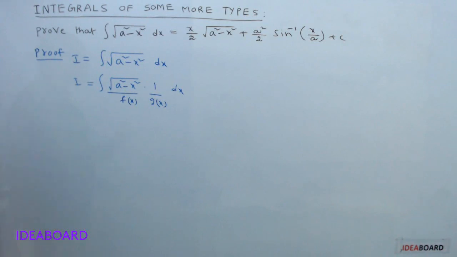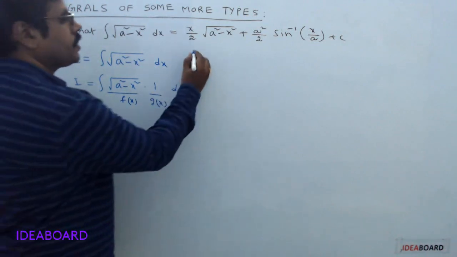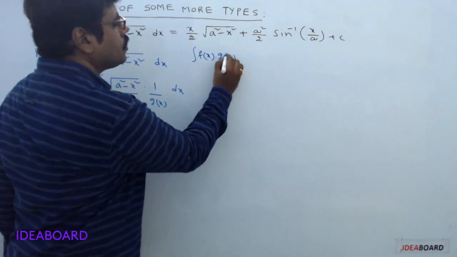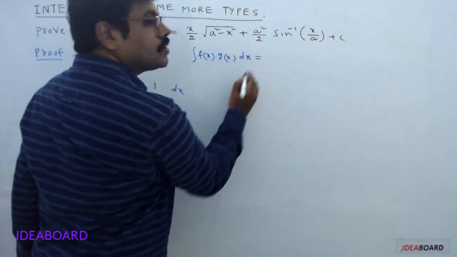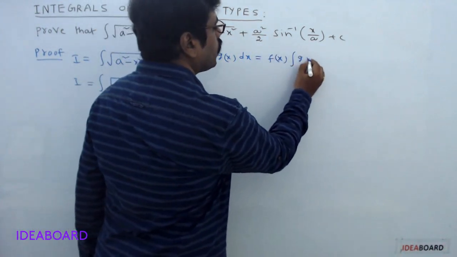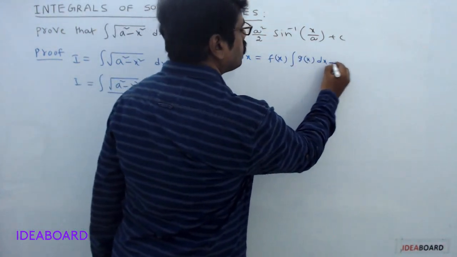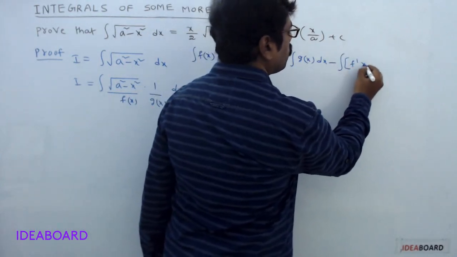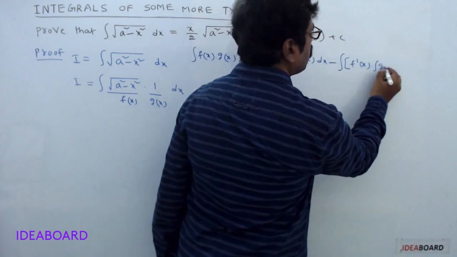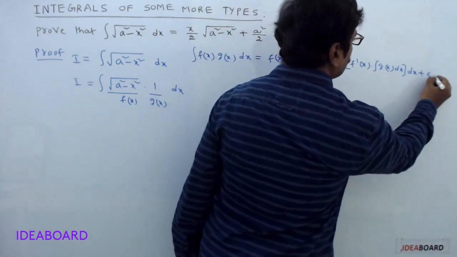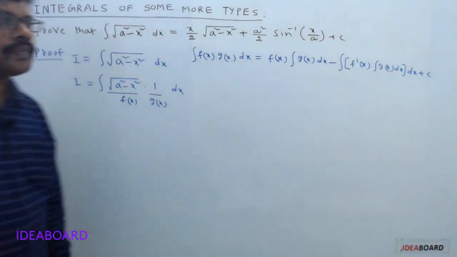What is the formula of integration by parts? Integral f of x into g of x dx equal to f of x into integral g of x dx minus integral of f dash of x into integral g of x dx into dx plus some constant c.